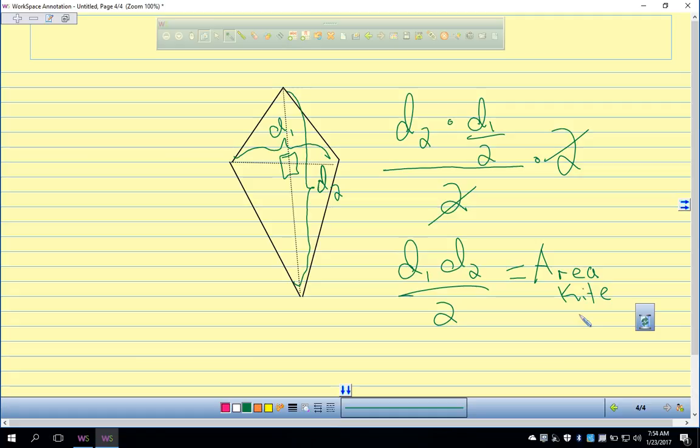So let's just do a quick example, and then we'll be done for the day, and you can start on your homework. So here's a kite. We'll do it sideways.